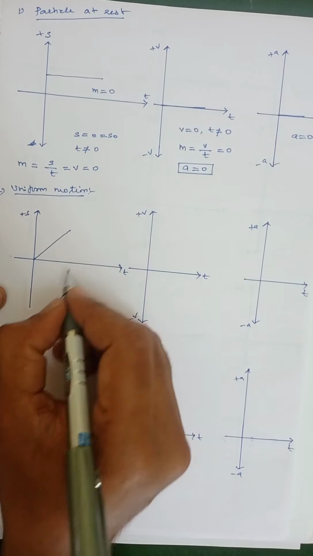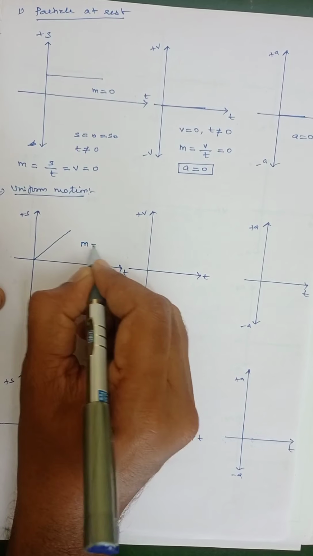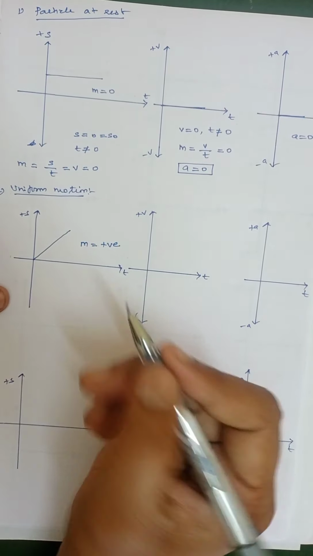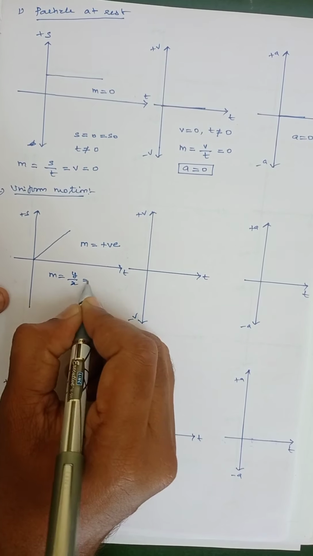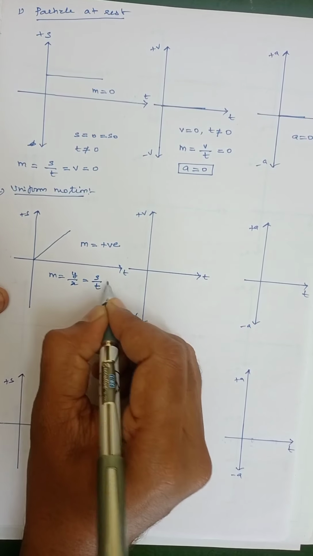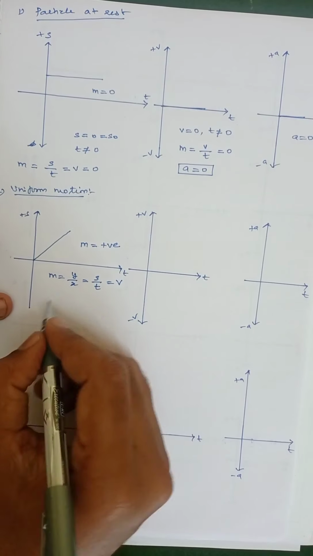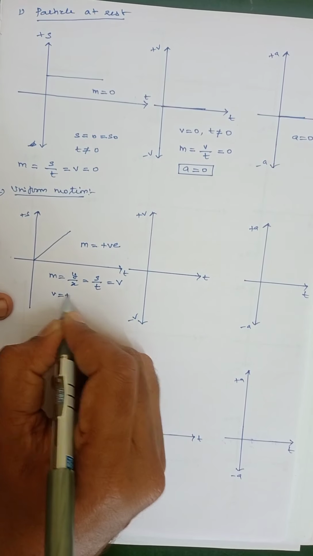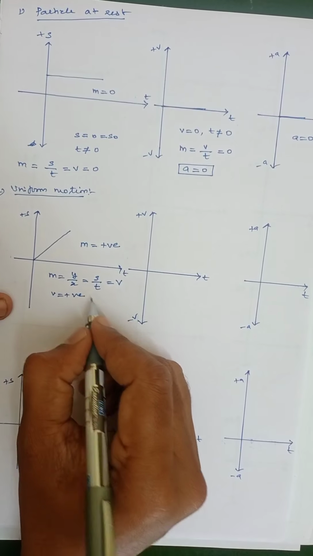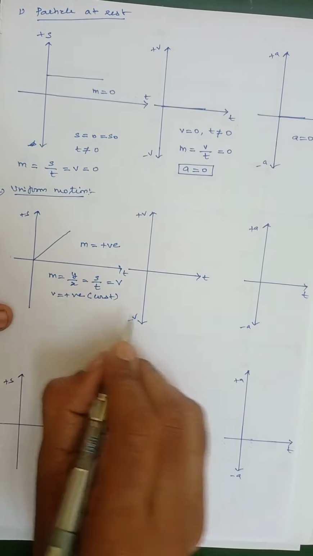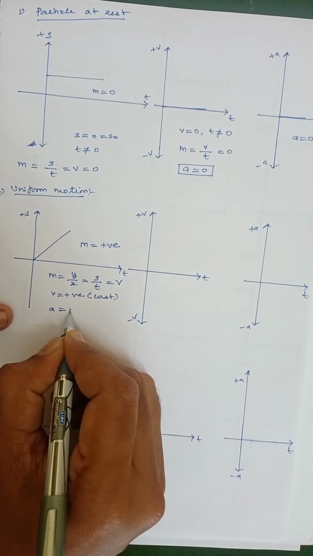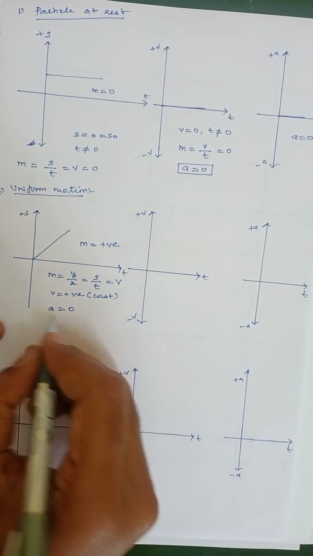Here m is positive, where m is equal to y by x, or s by t, equal to v. Here v is positive and constant, not increasing or changing, hence a equal to 0.